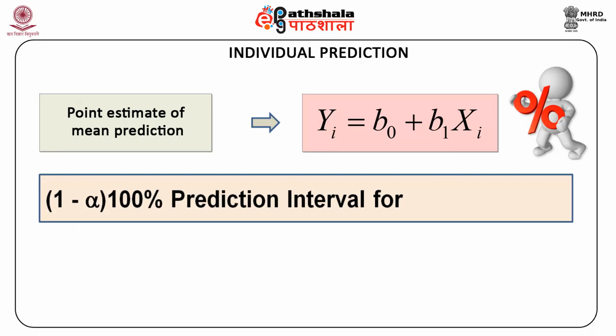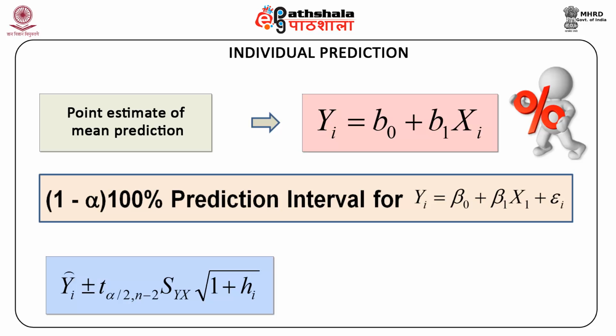The 1 minus alpha times 100% prediction interval for yi is yi hat plus or minus t alpha by 2, n minus 2, times syx under root 1 plus hi.